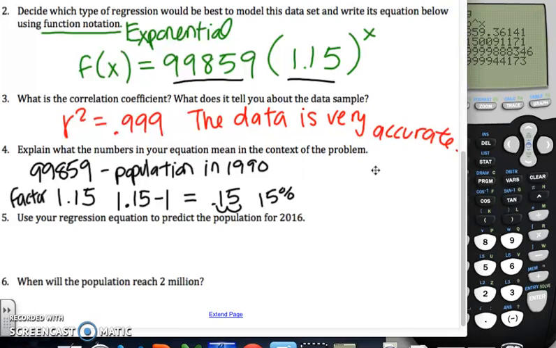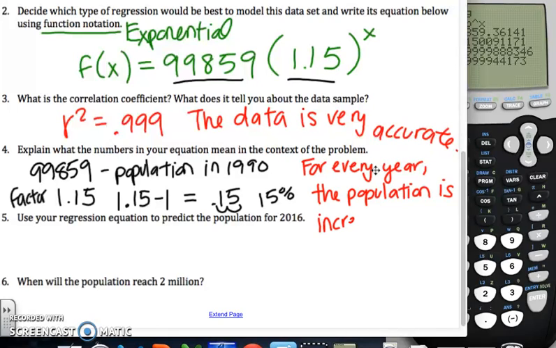So this population is increasing by 15% every single year, okay? So you could say for every year, the population is increasing by 15%.